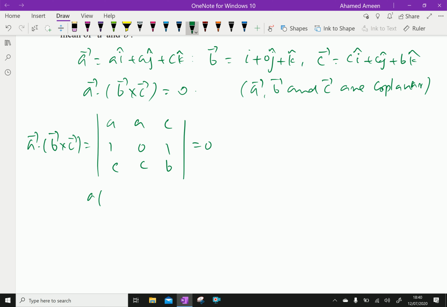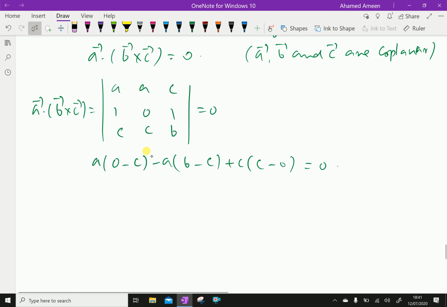a into (0 into b is 0 minus c into 1 is c) minus a into (1 into b is b minus c into 1 is c) plus c into (1 into c is c and c into 0 is 0, minus 0, which is equal 0).